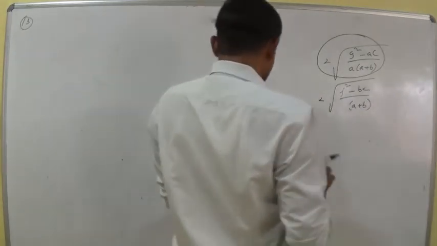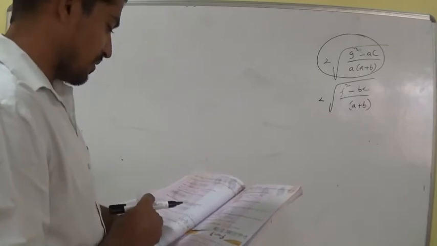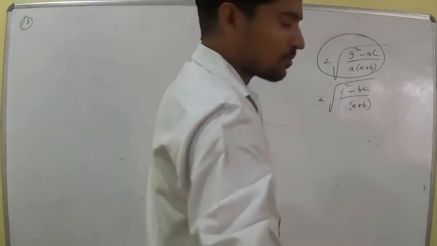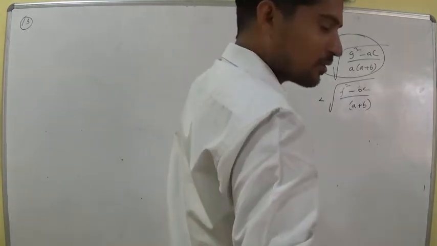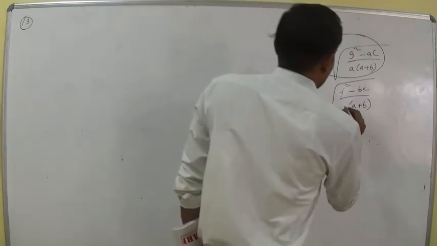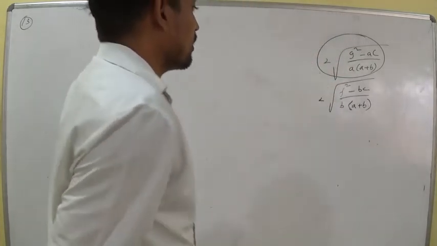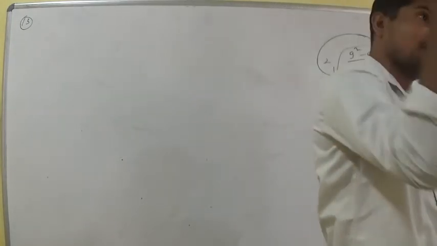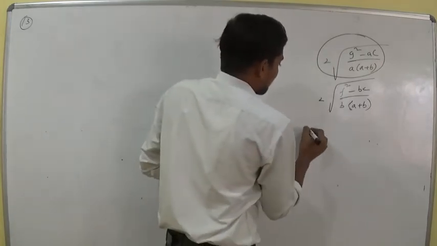Here b into (b plus c), that is b into (b plus c), not g, b into (a plus b). B f square, not a. So the y coordinate is there but the x coordinate is not there.